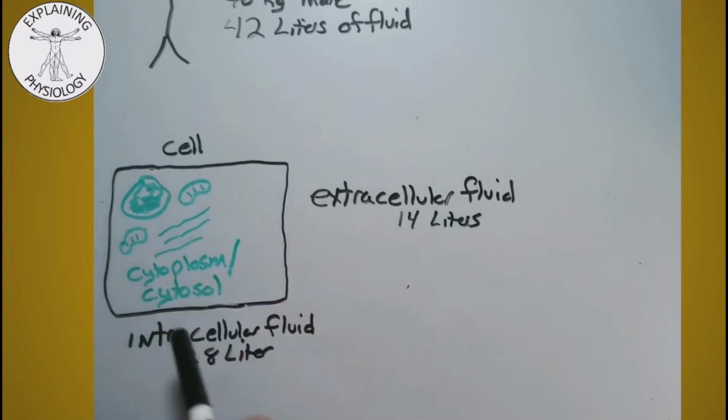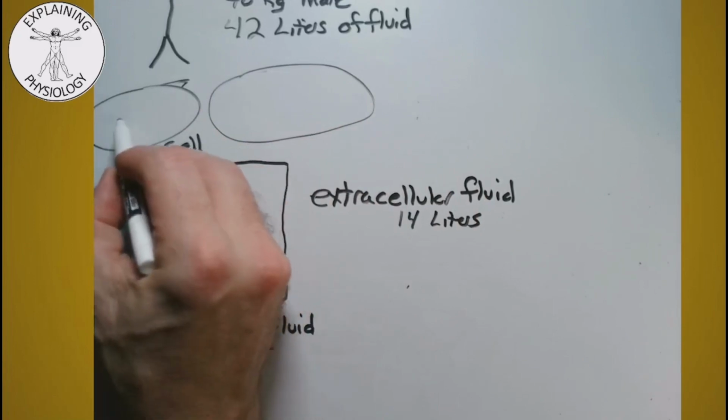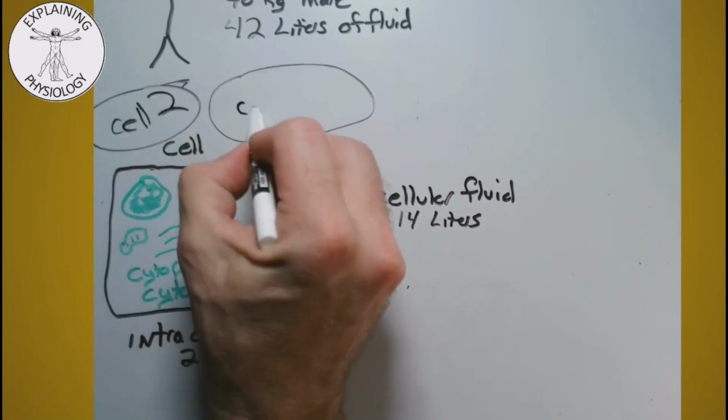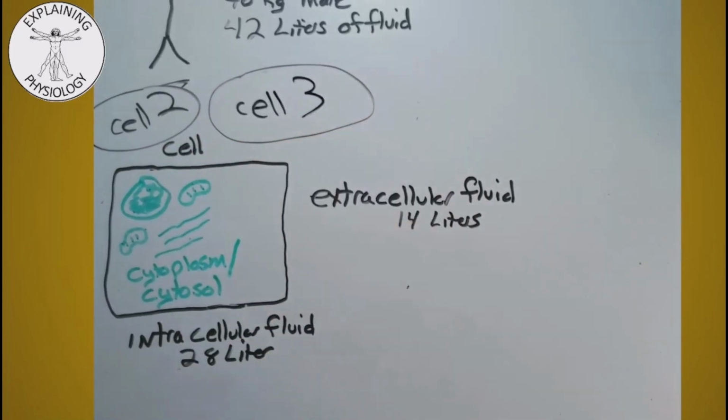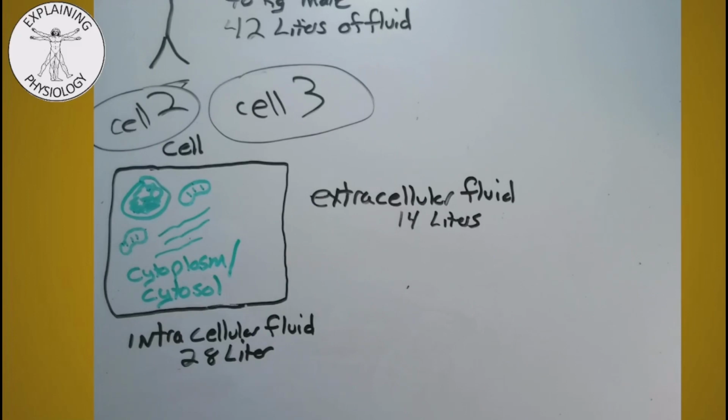But if we look at this really within the human body, we're going to see that there are lots of other cells which are going to be present. Cell 2, cell 3. So basically, we're looking at fluids which are going to be outside of all of these cells. But it's going to be outside of the cells, so it's extracellular fluid, but it's going to be fluid which is within the tissue.